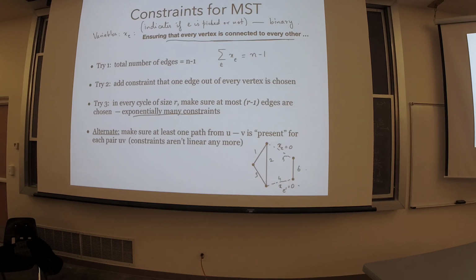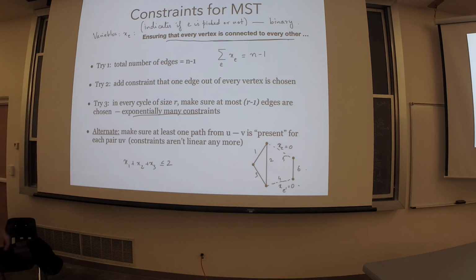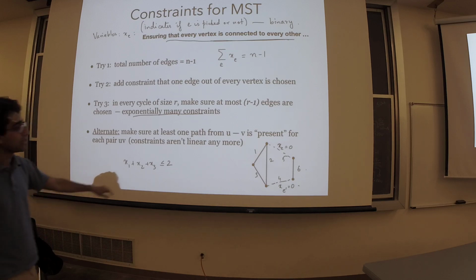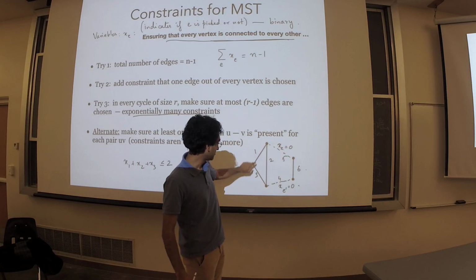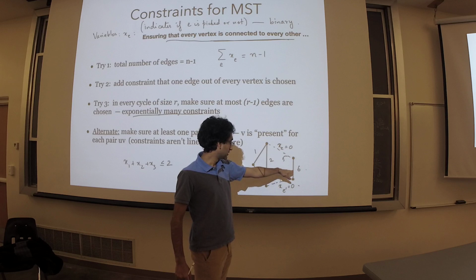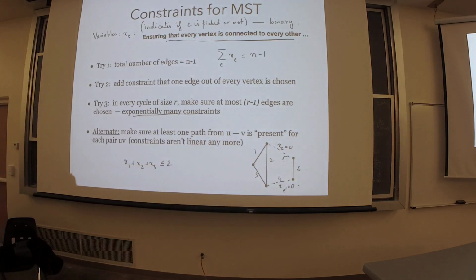Then your constraint will be something like x1 plus x2 plus x3 less than or equal to 2. So this will be one of the constraints that your thing would have had. You would also have had a constraint corresponding to all of these edges, which would have said x1 plus x3 plus x4, x6, x5 is less than or equal to 4, for example.